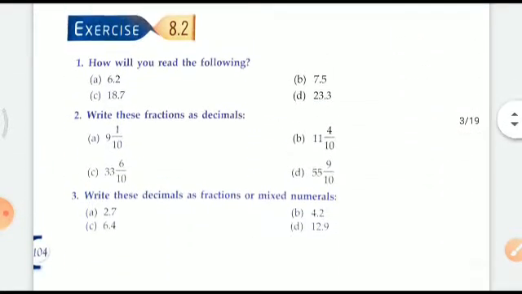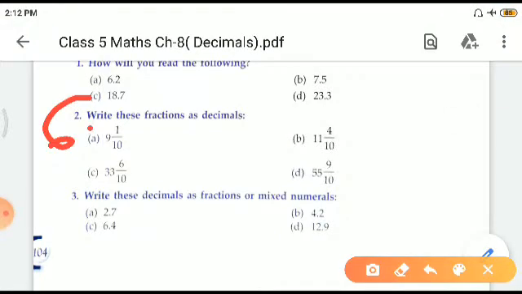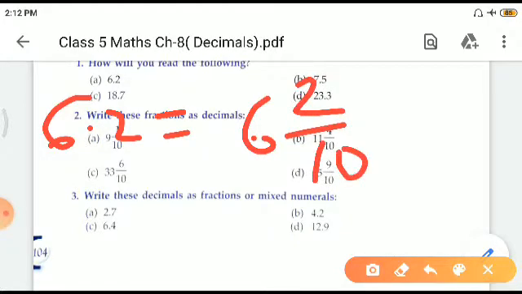Right? Now, how will you read the following? We come to this one, 6.2. So here we will write 6.2. This will be equal to 6 ones and 2 tenths, right? This will be equal to 6, 2 upon 10.